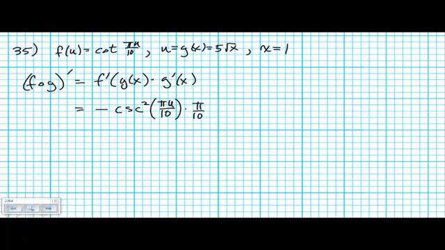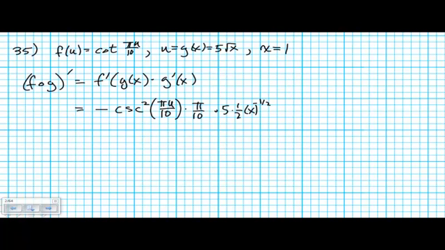So outside, leave the inside the same. Chain rule. There's an additional pi over 10 multiplier. And now I'm going to multiply it by g prime. G prime is going to be 5 times 1/2 x to the negative 1/2 power.